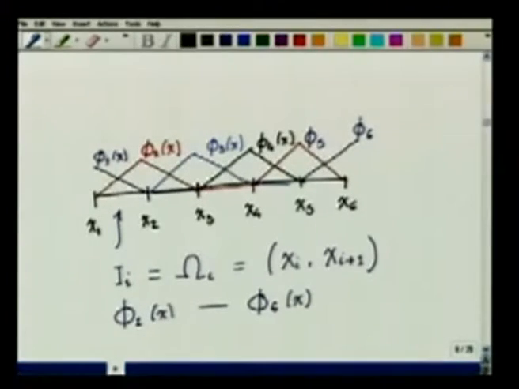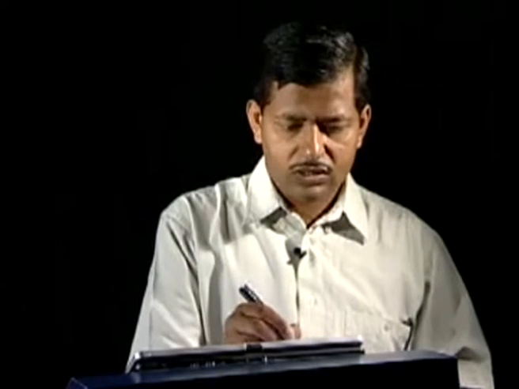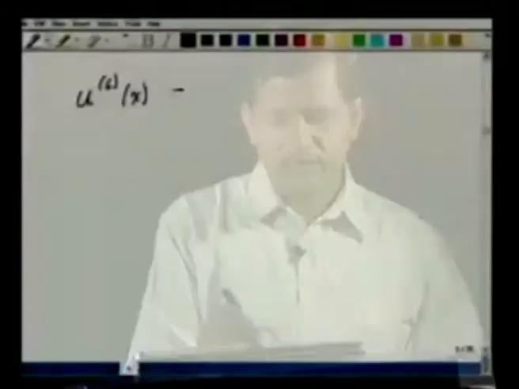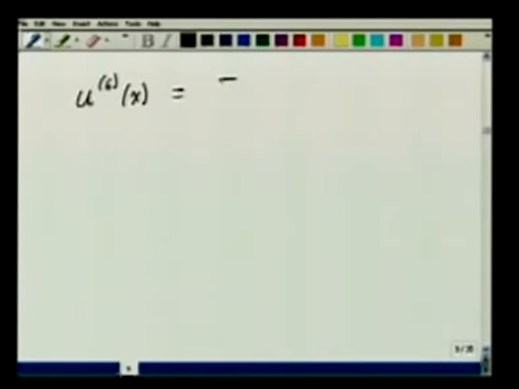Next, let us represent our u6 of x as the sum over I equal to 1 to 6 of ui phi I of x.